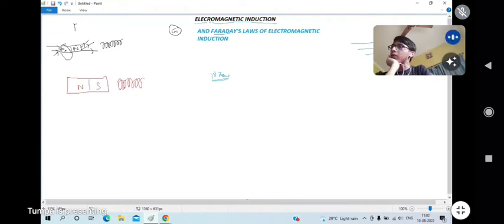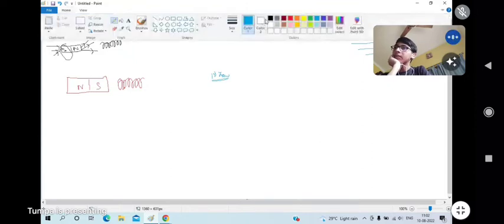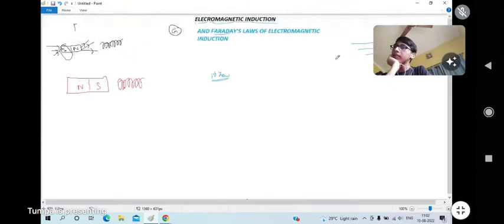We can denote the magnetic flux mathematically like this: phi B equals integral of B dA.